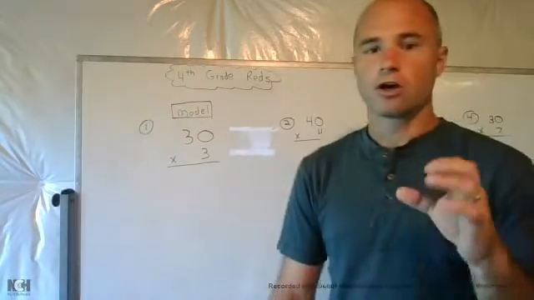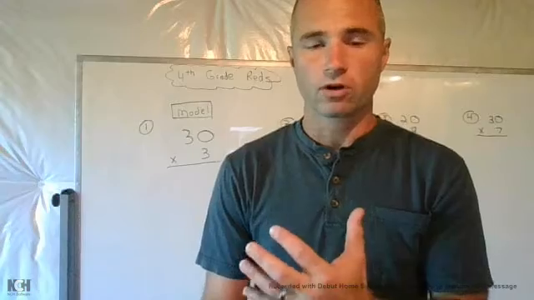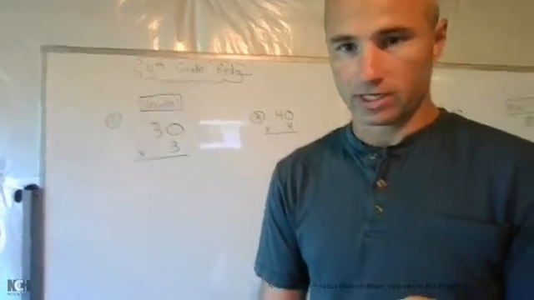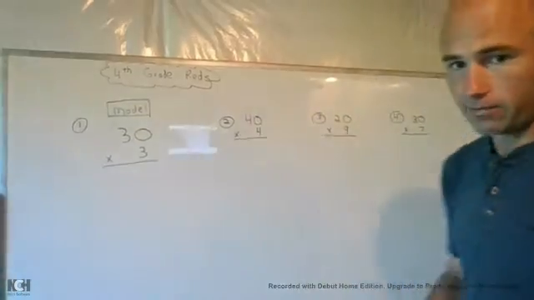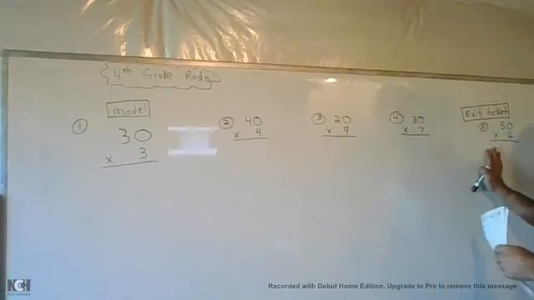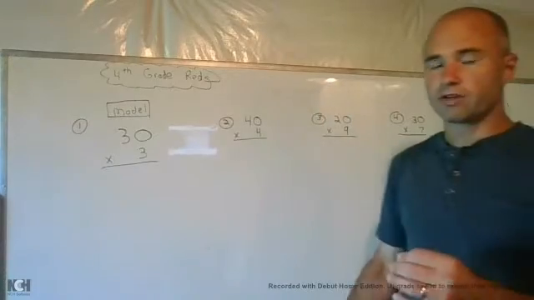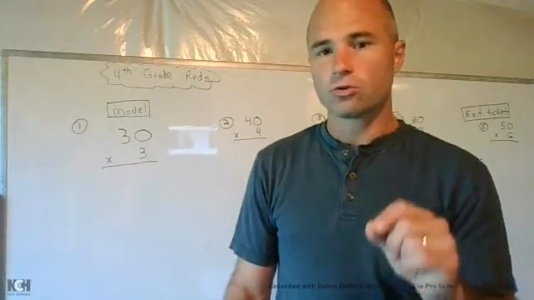Then, after we're done with 4, we'll move on to an exit ticket problem. For those who are not familiar with what an exit ticket is, it's just one problem, similar to the ones that we've done here, but you'll solve it. You'll go back to Google Classroom.